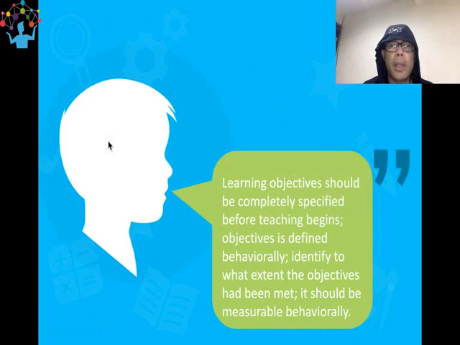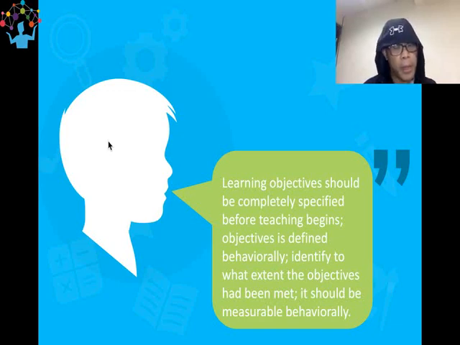One of the things that we will be doing when we become a teacher is to write a learning objective when we do lesson planning. The learning objective should be completely specified, very specific and very clear before teaching begins. So you have to clarify, what do I want to achieve in the class? Objectives should be defined behaviorally.